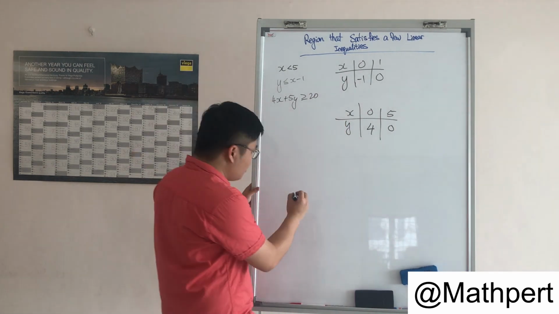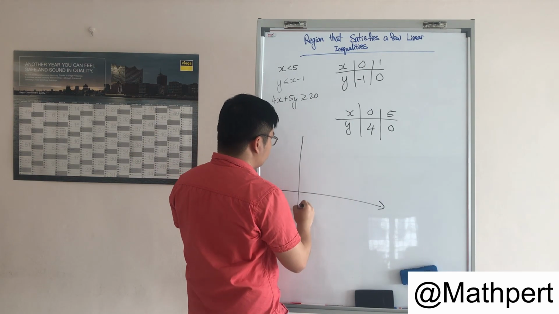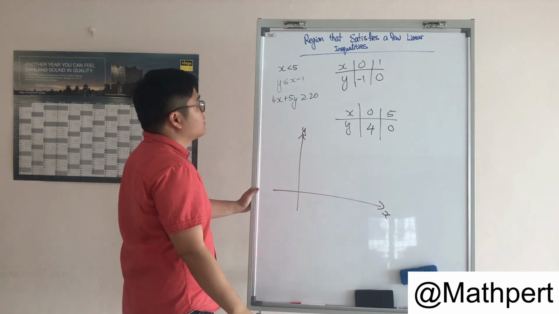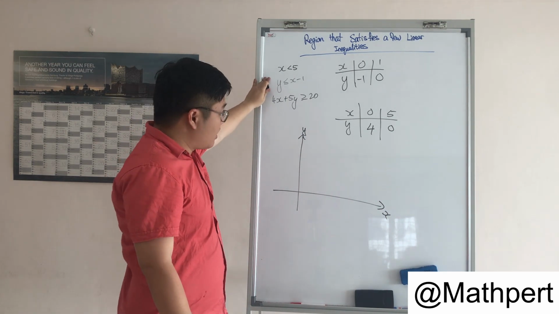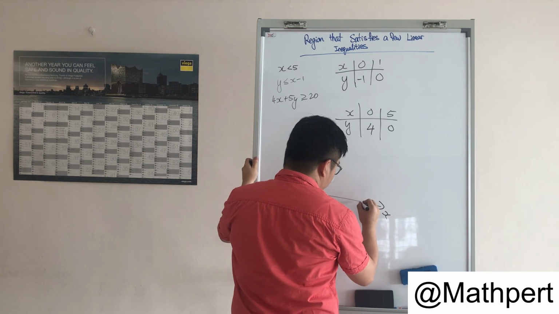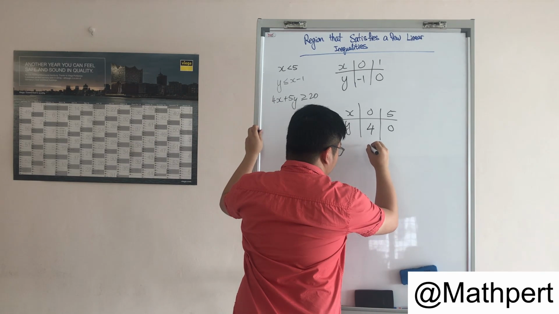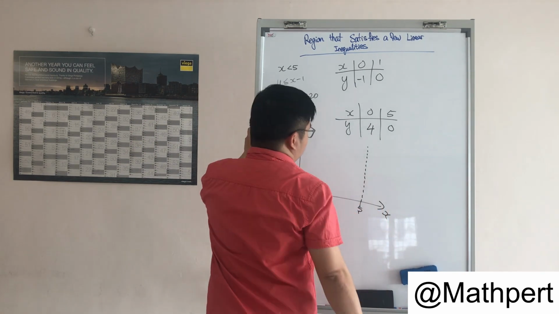So let's take a look at this one. First, let's draw x smaller than 5. X smaller than 5, meaning at 5, smaller, this is a dotted line.